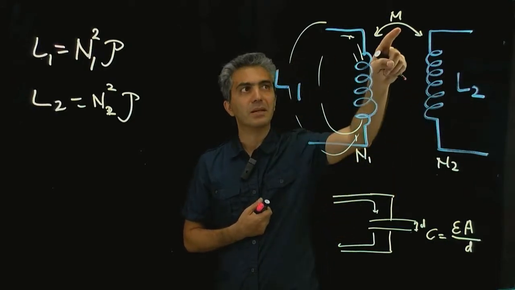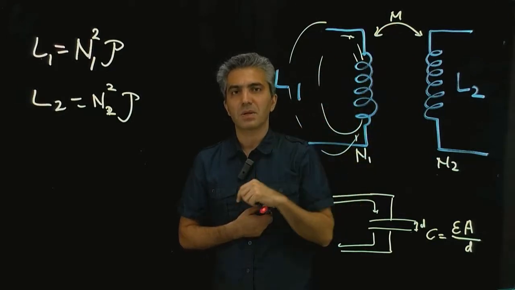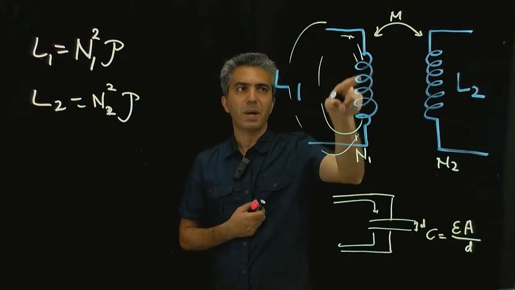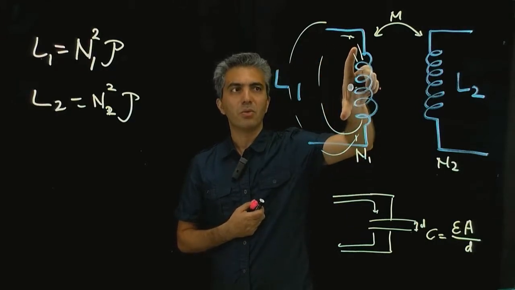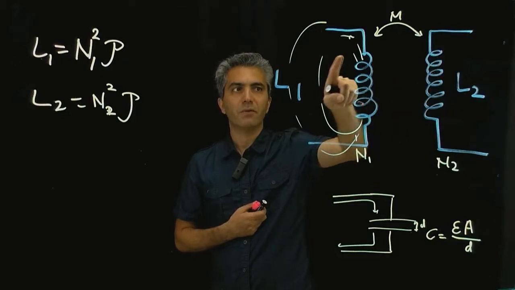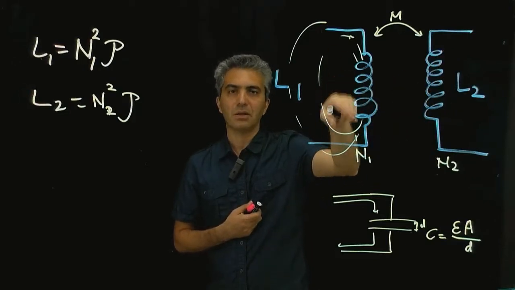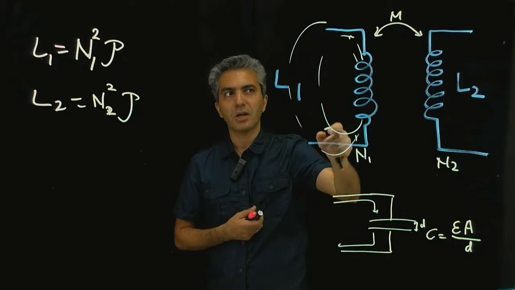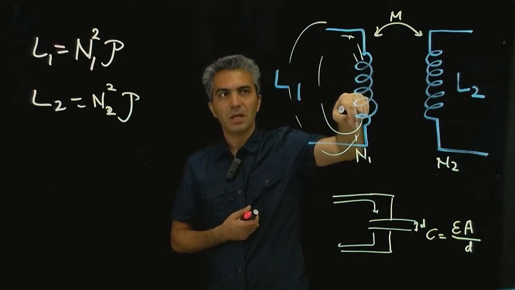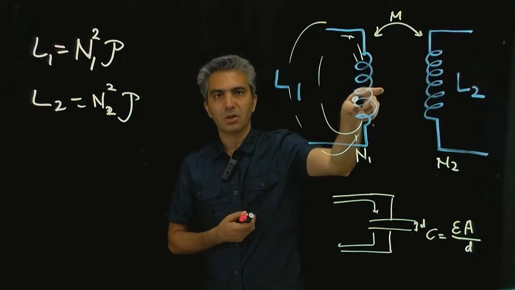And therefore, we defined this concept of mutual inductance. When there was a current passing through one, and normally if there was no other one available, the equation relating voltage to current would be only a function of the current passing through this one and the inductance associated with the component.